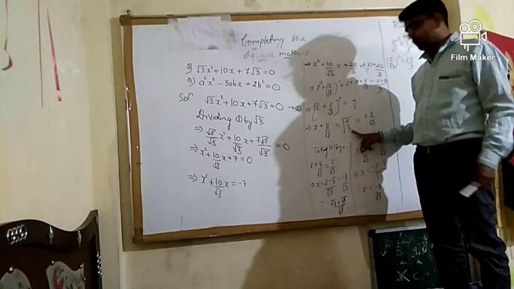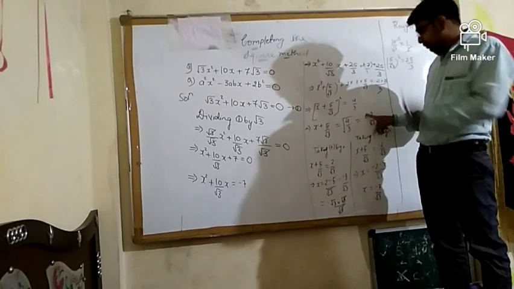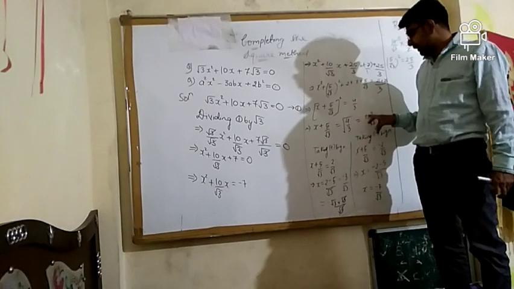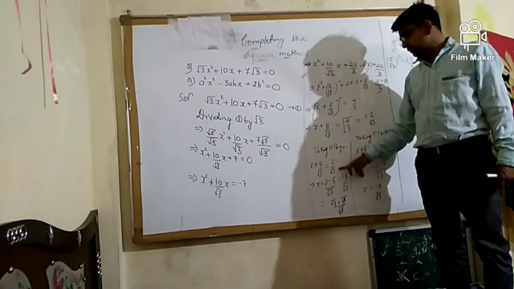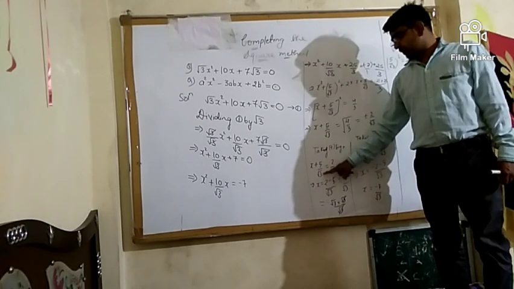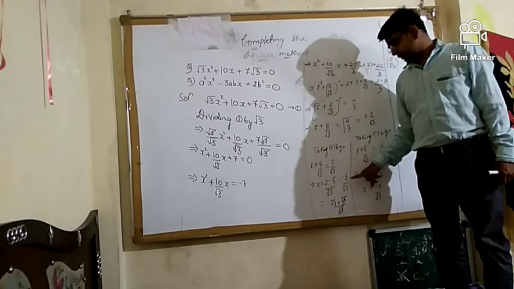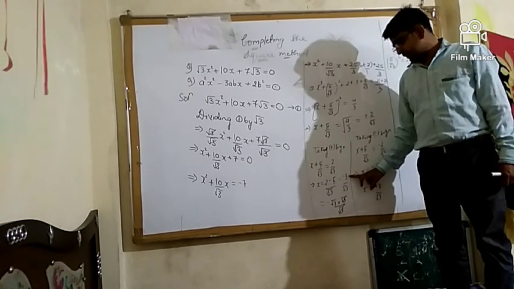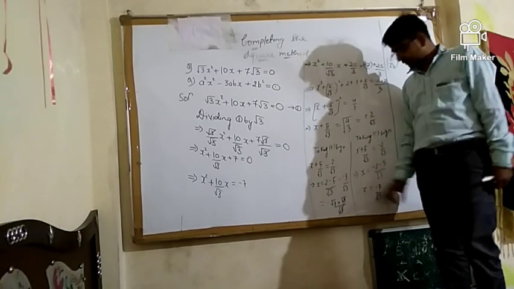The square root of 4 by 3 is plus minus 2 by root 3. See here, plus and minus both. So when I take the positive sign, x plus 5 by root 3 becomes equal to 2 by root 3, the positive part. Bring this 5 by root 3 to this side, it becomes negative. 2 minus 5 is minus 3, and minus 3 can be written as minus of root 3 into root 3.